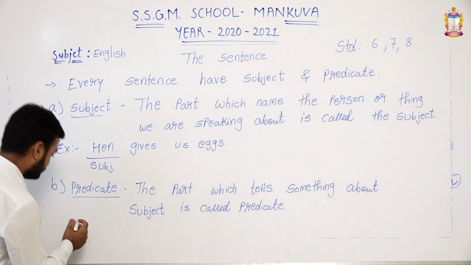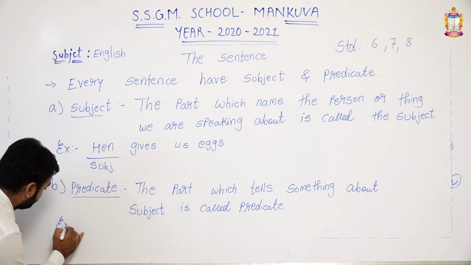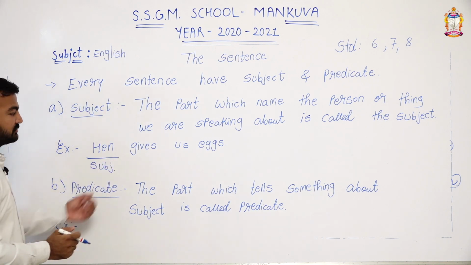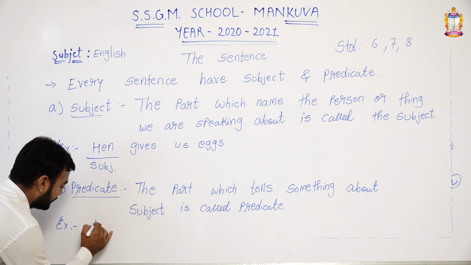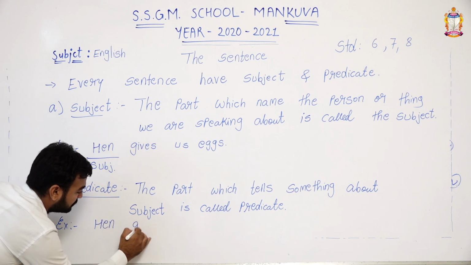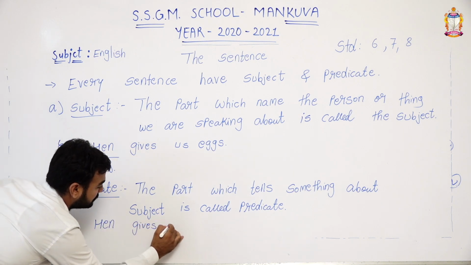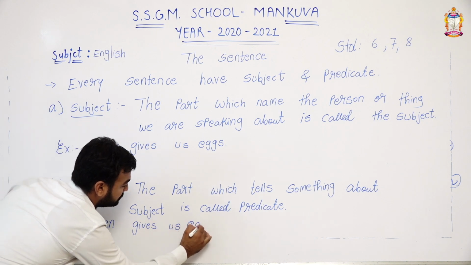Now let's have one example. I am using the same example because it is easy for you to understand: hen gives us eggs.